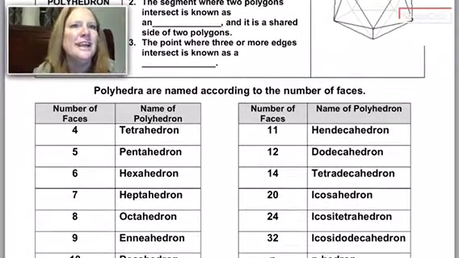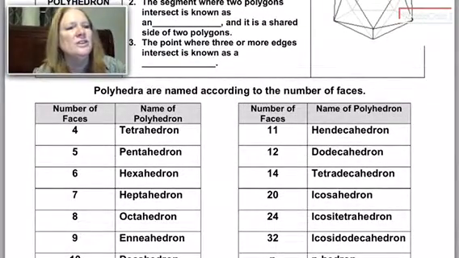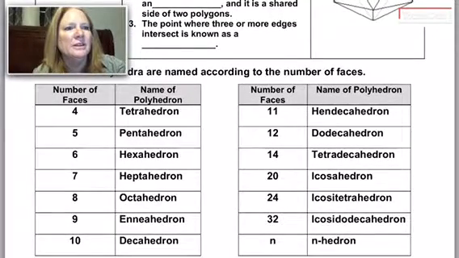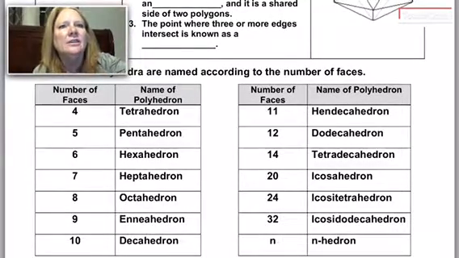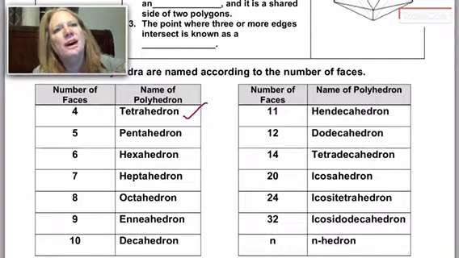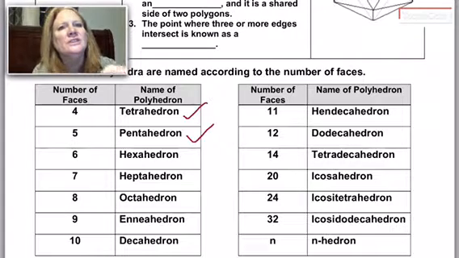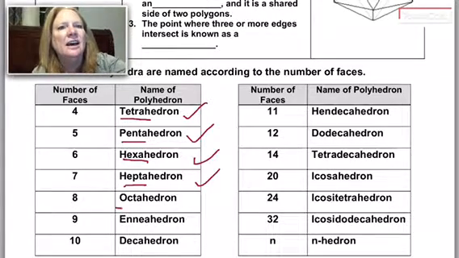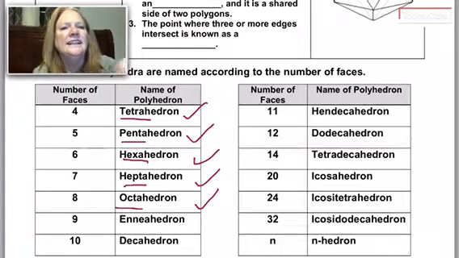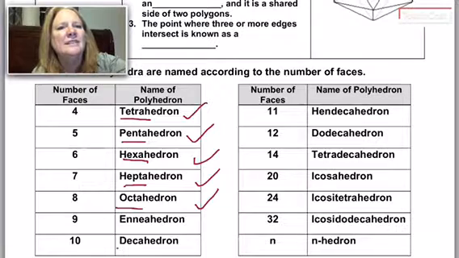Okay, polyhedra are named according to the number of faces. You don't have to memorize all of these, but there are some that are kind of common. Four faces would be a tetrahedron, 5 a pentahedron, 6 a hexahedron, 7 a heptahedron, and 8 an octahedron. 9 is a little different, an enahedron, not very common.